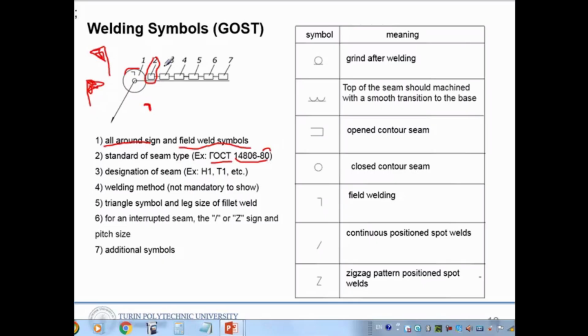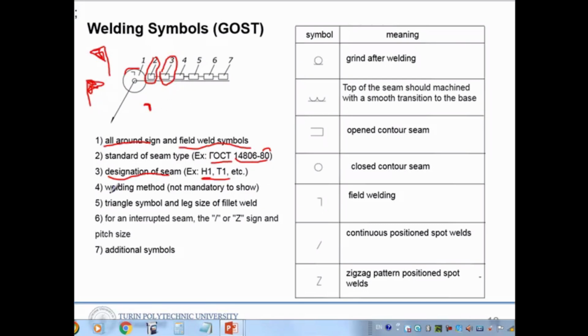And here the third level, so what will be next? The designation of the seam. There is a number, a character and then a value, like H1, T1. I will show the types of designation of the seam type, and how to understand which one is which.